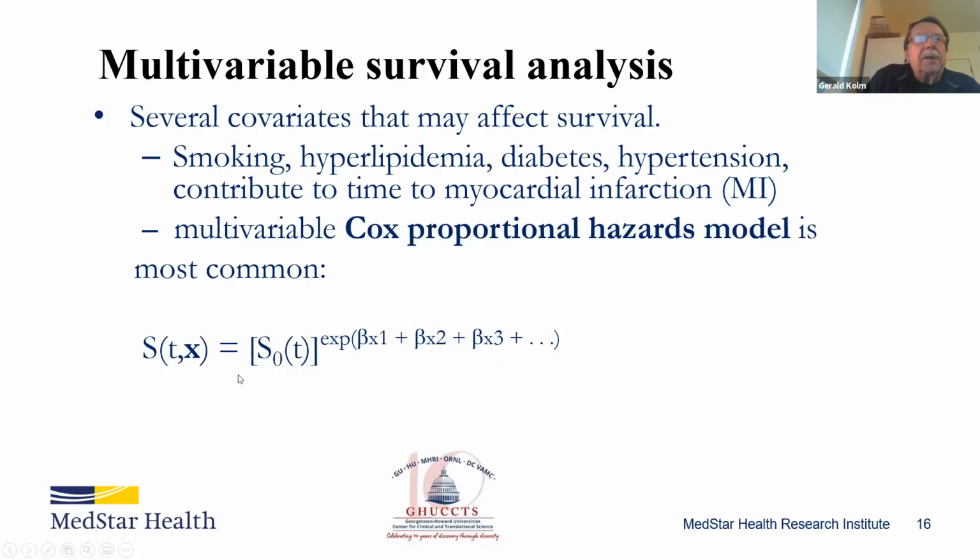The way this is calculated, you have a baseline survival function where there are no effects of covariates, and then you exponentiate that by the regression formula that you get.